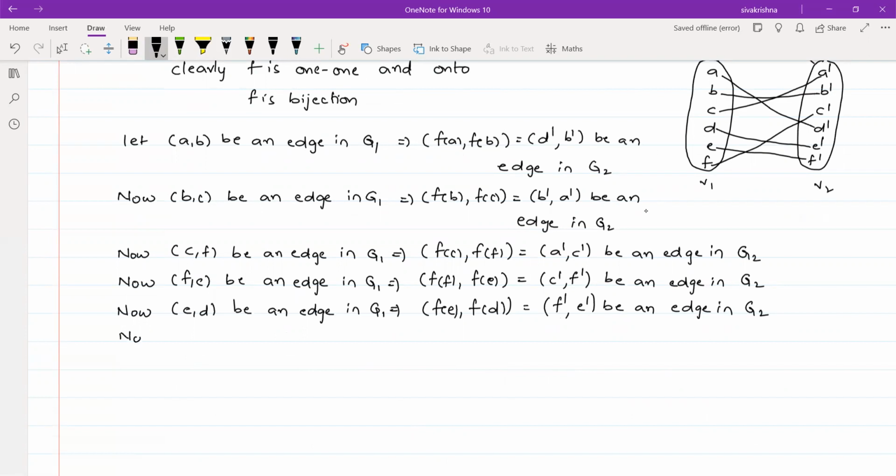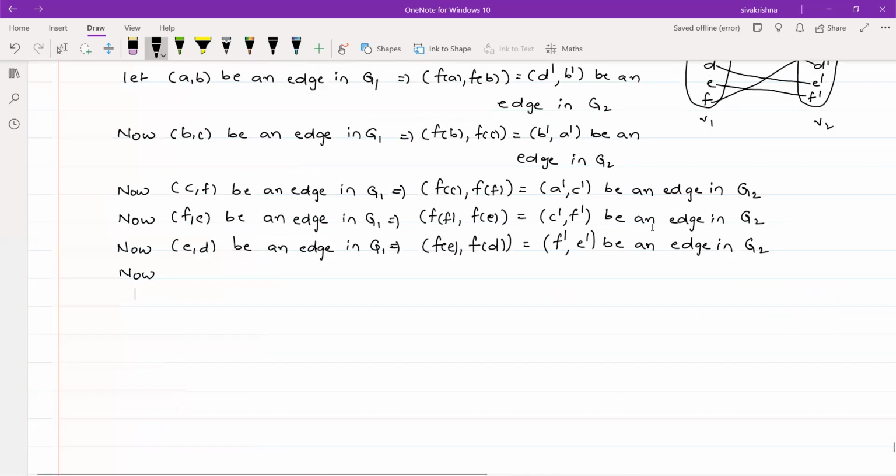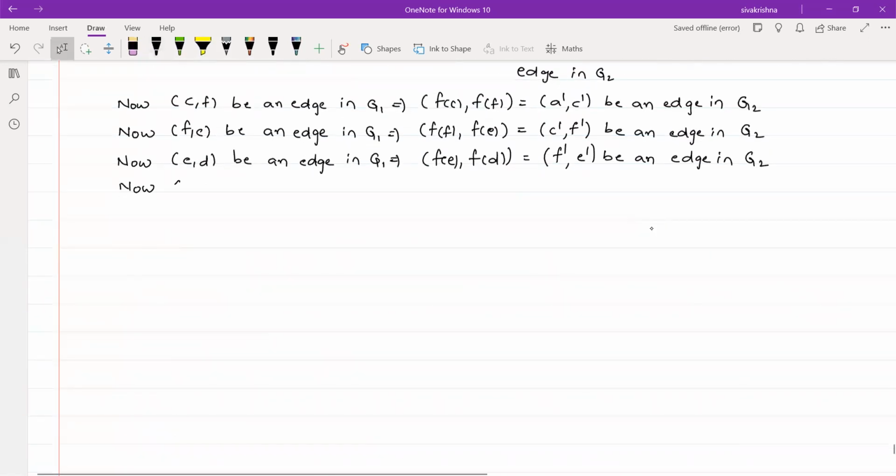So now we are taking one more edge, that is D comma A. Now I am selecting the edge D comma A in graph 1. This implies f of D comma f of A must be an edge in graph 2.